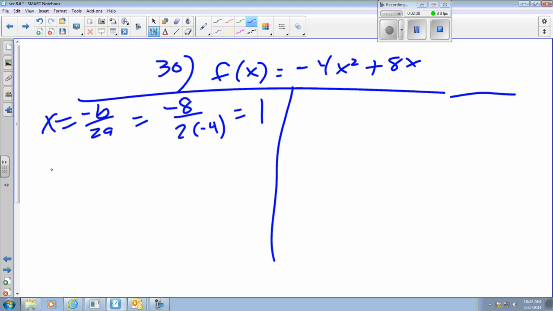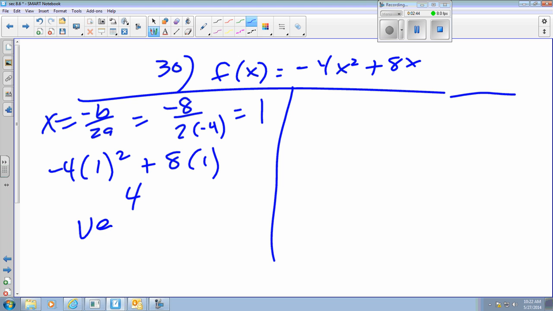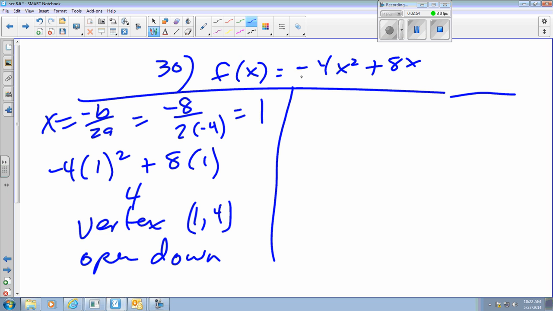If I plug that back in, I get negative 4 times 1 squared plus 8 times 1, which gives me 1 squared is 1, 1 times negative 4 is negative 4, negative 4 plus 8 is 4. So my vertex is at 1, 4. And I know that this opens down because of the negative up here.